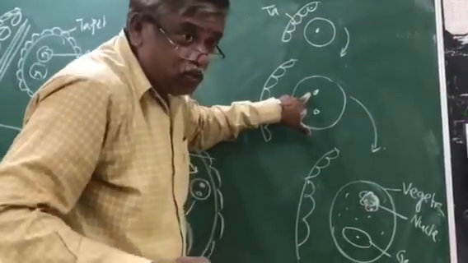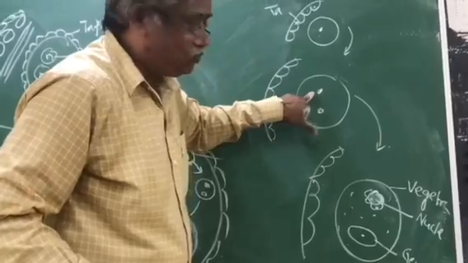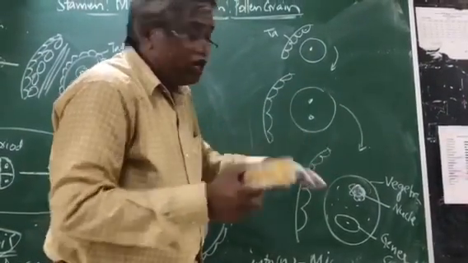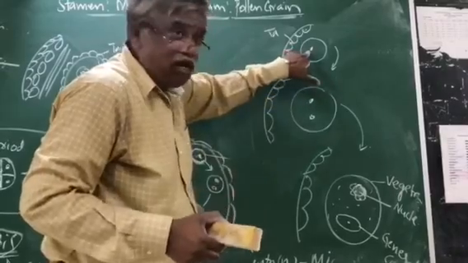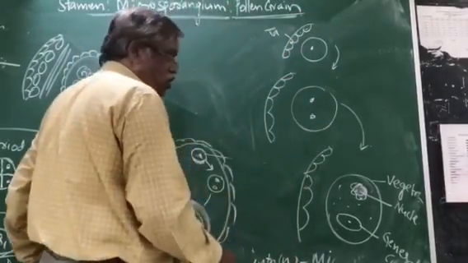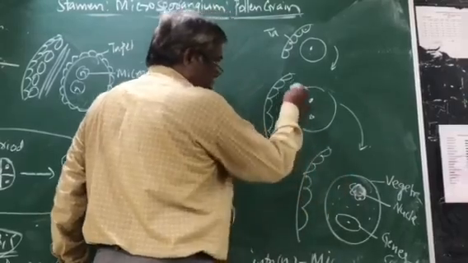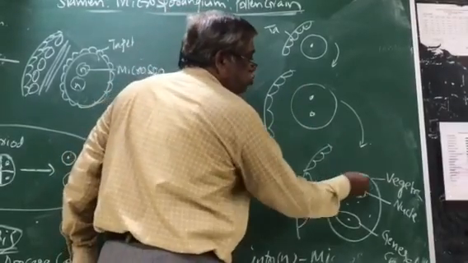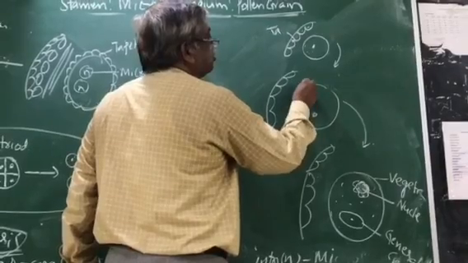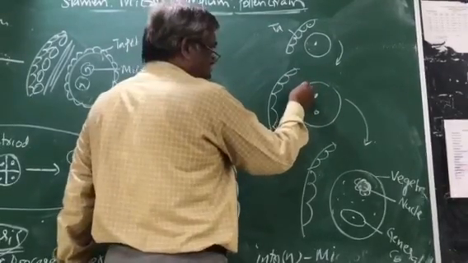When nuclear division, karyokinesis, takes place in the microspore, simultaneously, at the same time, the microspore forms a layer and secretes some secretions to the outside.